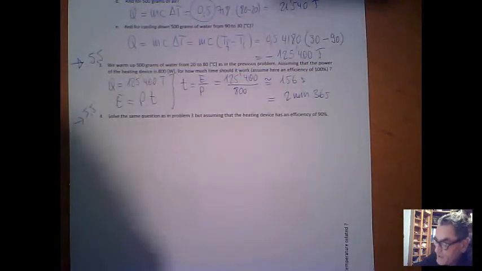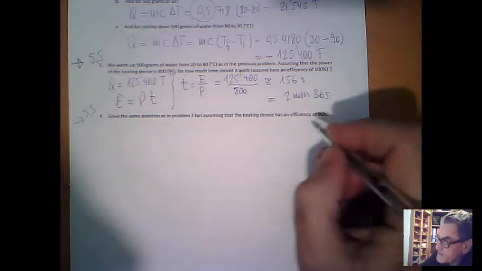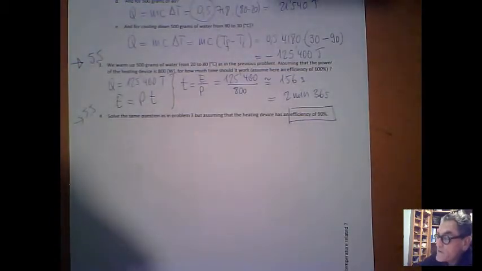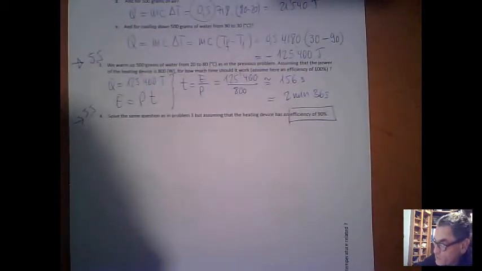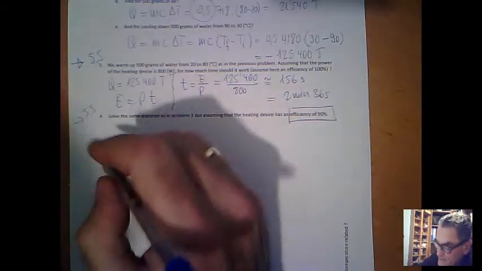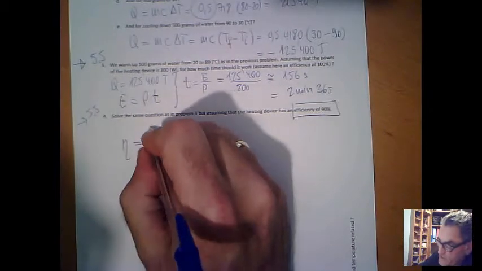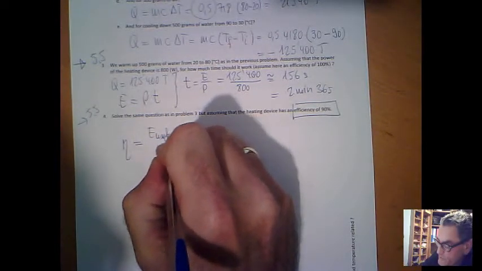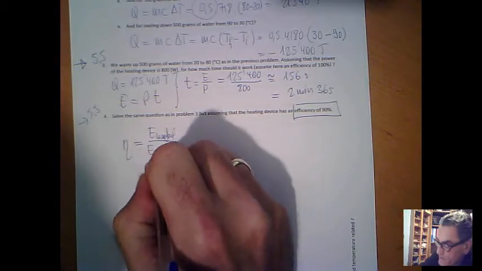Now we have the same question as in the previous exercise, but now we have an efficiency of 90%. So how should we change that? What is going to change? You know that the efficiency is the energy which is useful divided by the energy which is used.